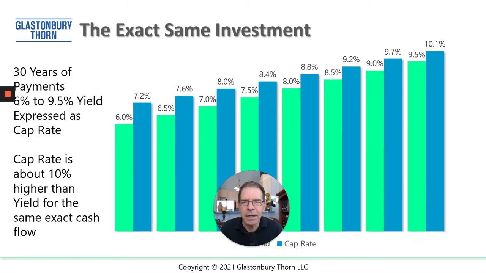Let's take a look at 30 years of payments. So here you can see that the cap rates, again, have a number that appears bigger for the same amount of revenue coming in each month. Because of the way it's calculated, it's a different thing. That's about, at this point, about 10% higher than what the yield would be reported on the note.